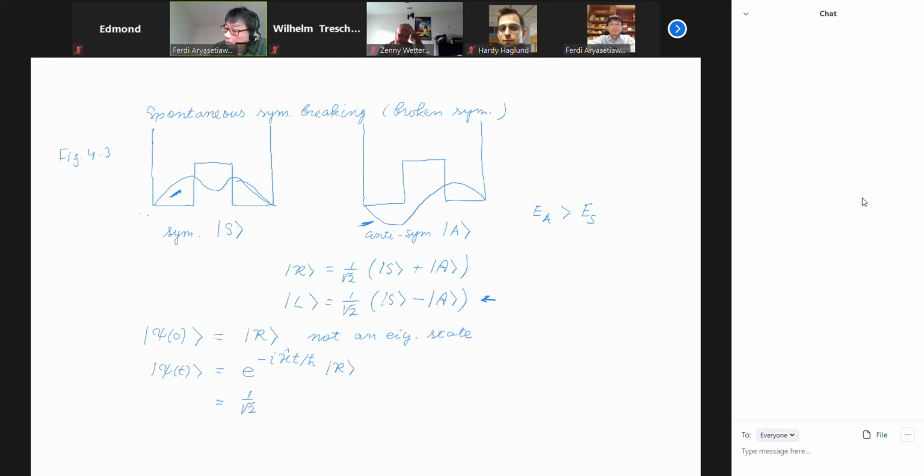So if we do this and we use this R here, both of these are eigenstates of H, so that's easy to calculate. That gives me e to the minus i E_S t over h bar S plus e to the minus i E_A t over h bar A, like that.